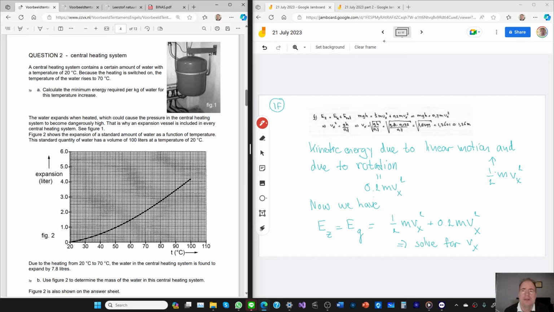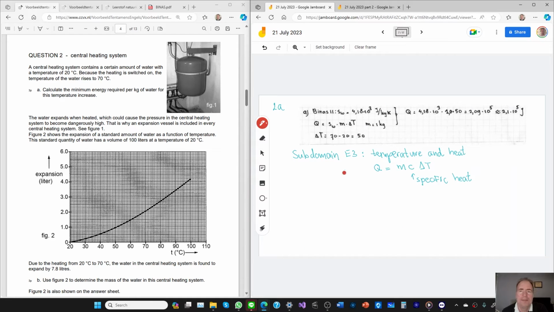Okay, question 2. It's about the central heating system. They calculate some energy required to heat up 1 kilogram of water for this increase in temperature. So here we use subdomain E3, which is related to temperature and heat.